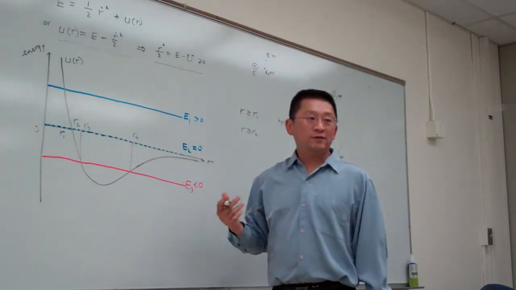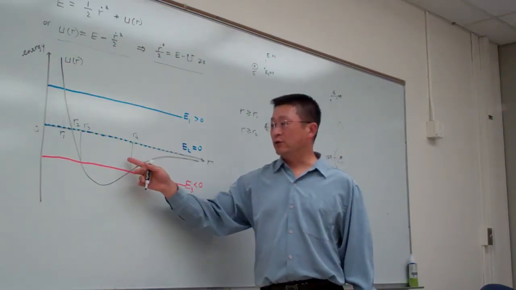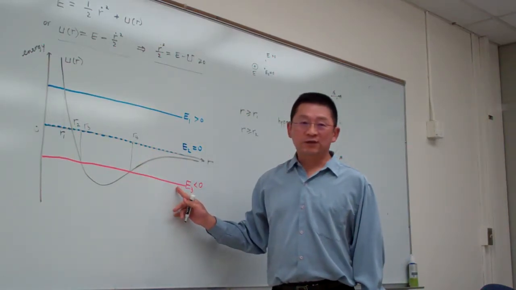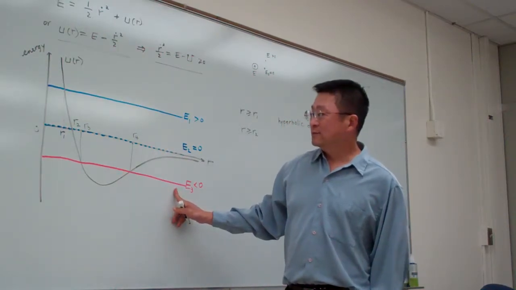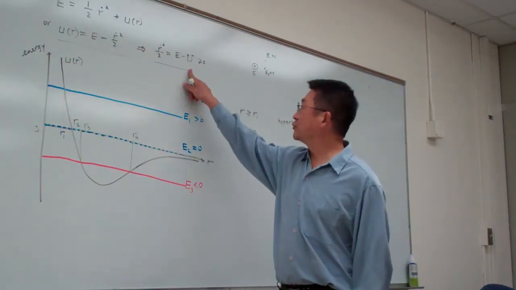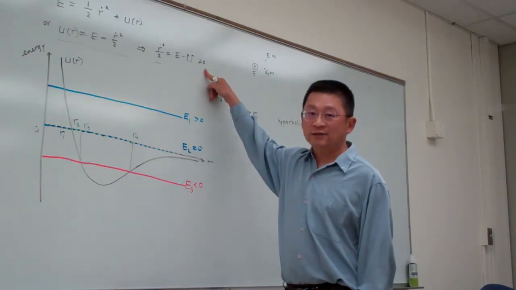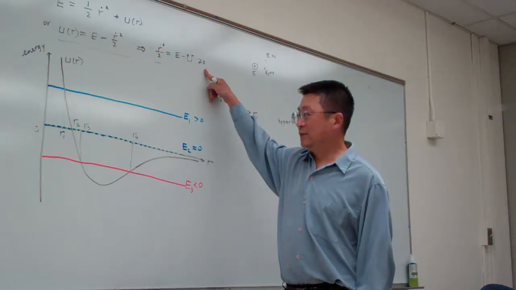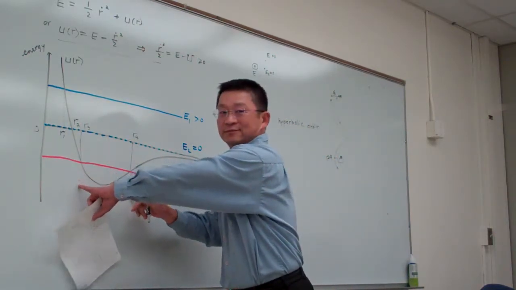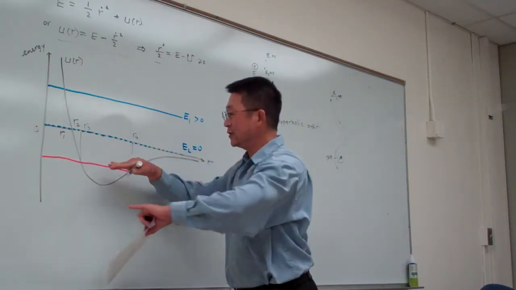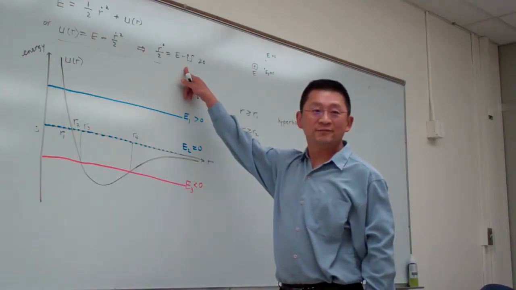So who can tell me which region will be feasible to an object with this energy? Which region? To make sure this one is satisfied. So that means this region, right? Only in this region is the value of E higher than the value of U. Good?